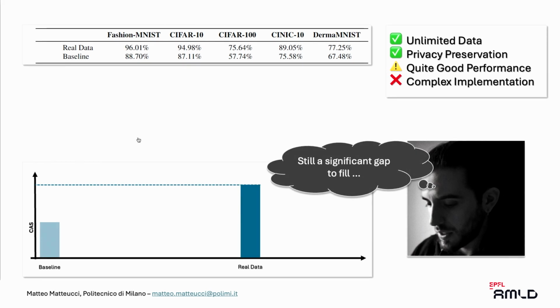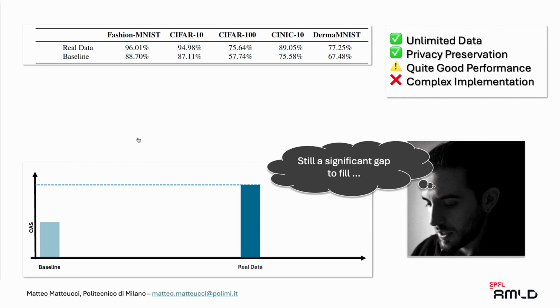So, very simple data sets for which you would expect to be able to train a generator which is quite accurate. And if you look at the data that have been generated, they look indistinguishable from the real one. And you see a significant gap. In the Derma-MNIST over there, you have a 10% difference.